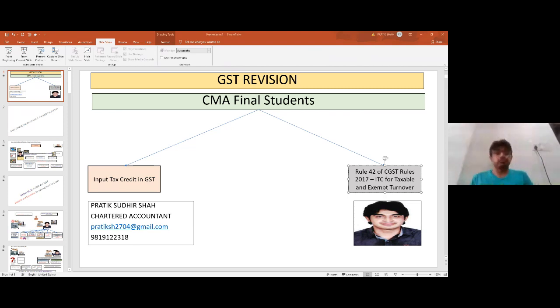So I've collected 18 lakh, I've already paid 6,96,000, so I will pay the balance of only 11 lakh 4,000 to the government. Clear? So this is the basic understanding of ITC: whatever GST is paid on purchases, services and capital goods, you get the benefit of it, and that benefit is known as input tax credit. Clear?